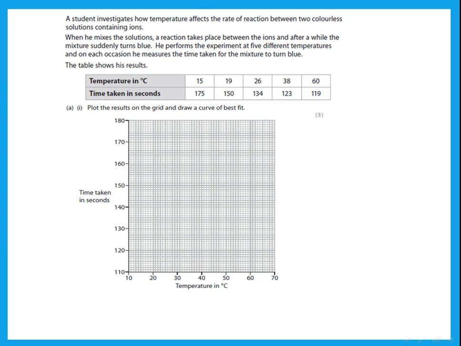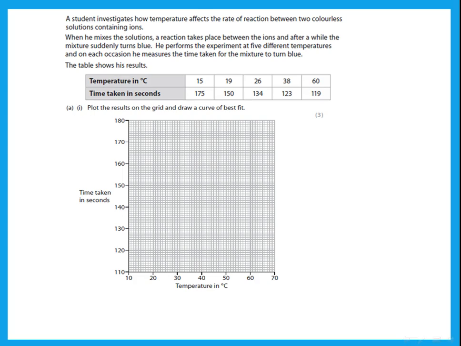Okay. Now, in this question, a student investigates how temperature affects the rate of reaction between two colorless solutions containing ions. When he mixes the solutions, a reaction takes place between the ions, and after a while, the mixture suddenly turns blue. He performs the experiment at 5 different temperatures, and on each occasion, he measures the time taken for the mixture to turn blue.